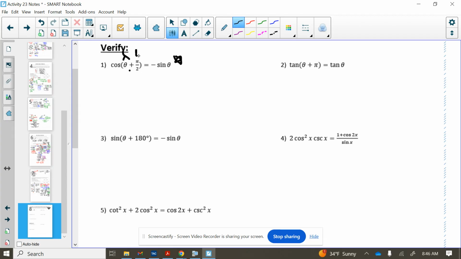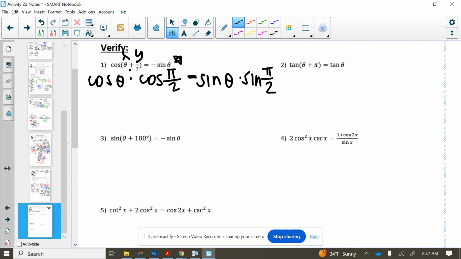So we want to think about our x and our y that we are plugging in. Cosine of x times cosine of y, so cosine theta times cosine pi over 2. Remember with cosine, if it's a plus inside there, it's a minus here. Sine theta times the sine of pi over 2, again sine of x times sine of y, which are just theta and pi over 2.